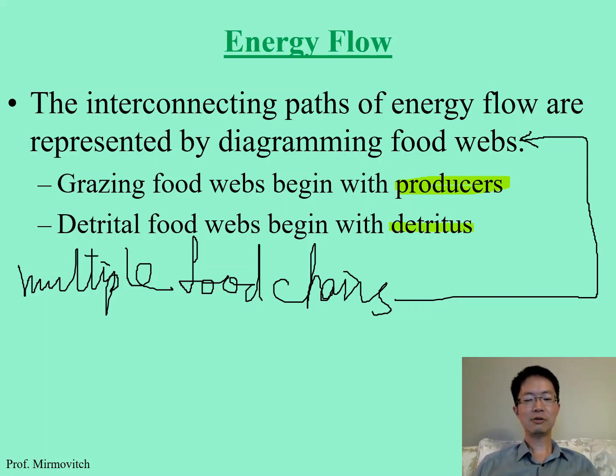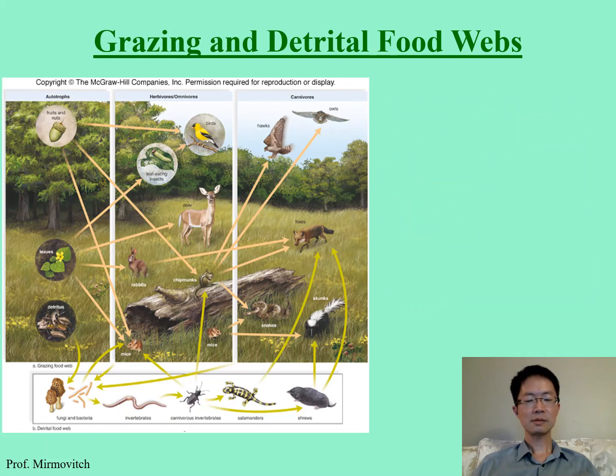So you have two food webs: grazing food web and detrital food web. The detrital food web includes the detritus approximately in this part, and the grazing food web is basically everything on top of the ground.